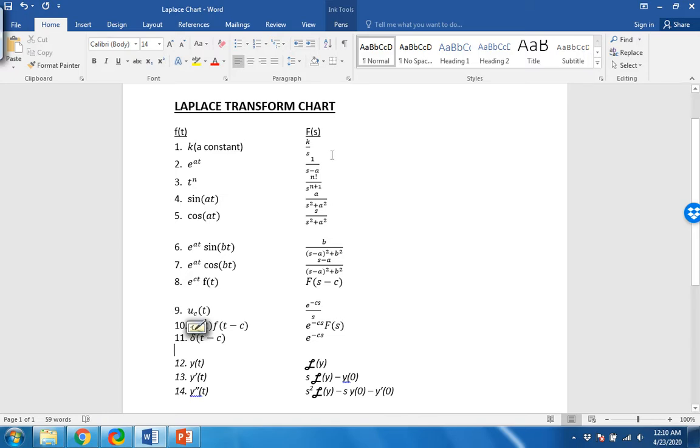And that's where hopefully your eyes are going to go right here to the second rule, which says if you had 1 over s minus any whatever number you want, that when you go backwards, that turns into e to that number, t. Oh, okay, so let's remember this one, right?